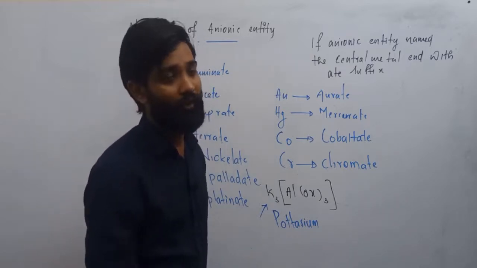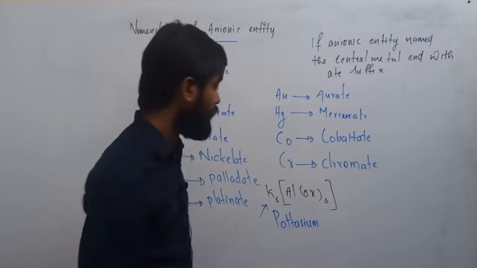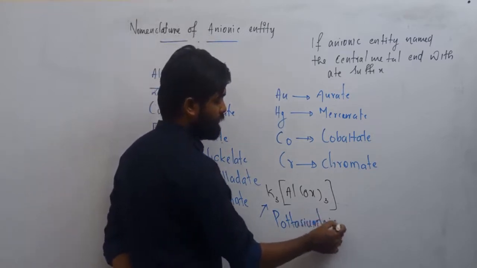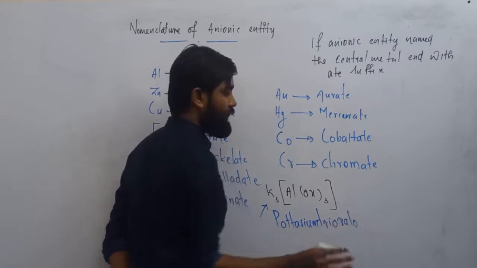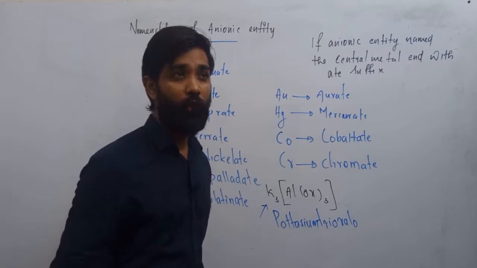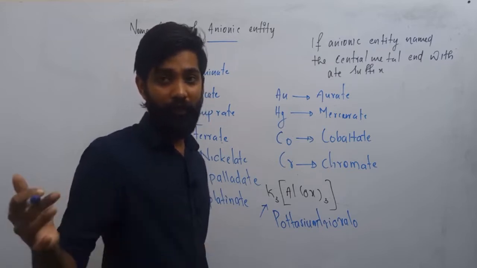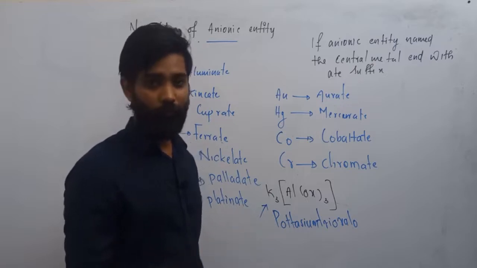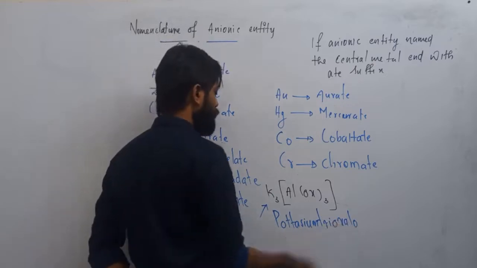Ox means oxalato. Trioxalato is enough because oxalato is a didentate ligand, but there is no multiplying prefix like in ethylenediamine. We know in ethylenediamine there is a di, but in oxalato it's a simple name. So trioxalato is enough.